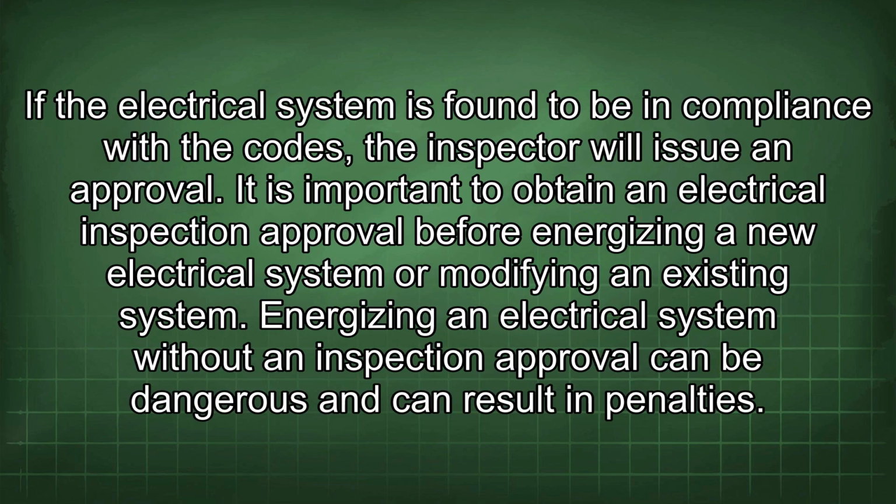If the electrical system is found to be in compliance with the codes, the inspector will issue an approval. It is important to obtain an electrical inspection approval before energizing a new electrical system or modifying an existing system. Energizing an electrical system without an inspection approval can be dangerous and can result in penalties.